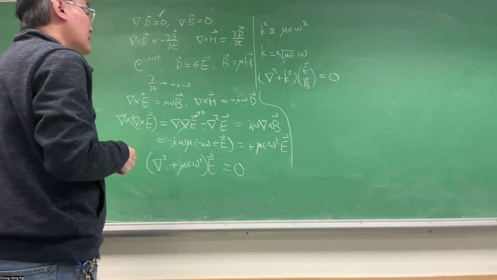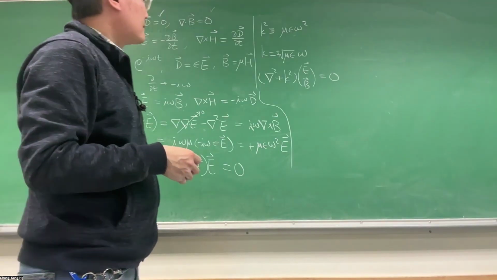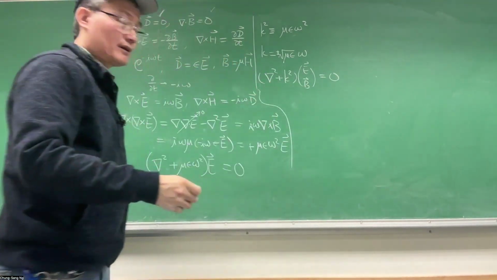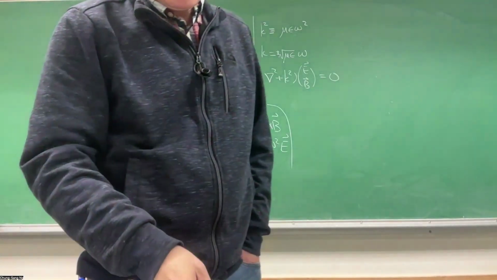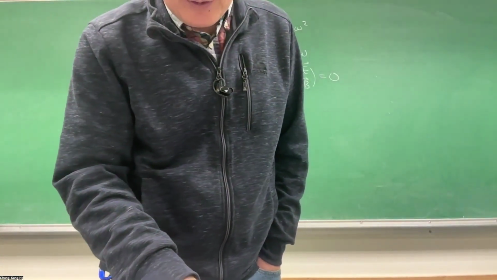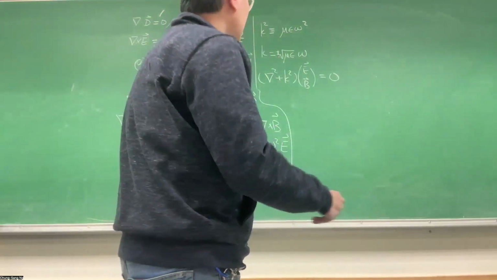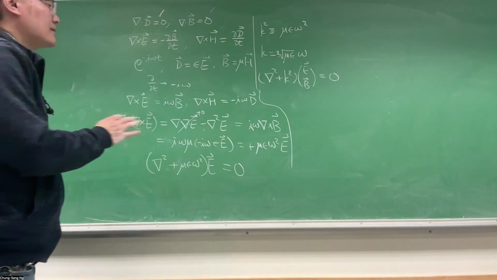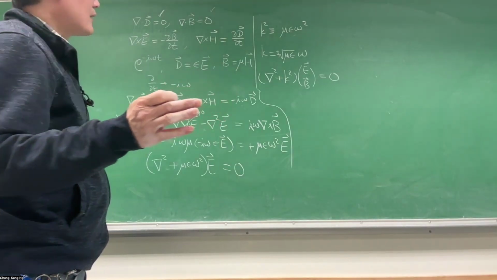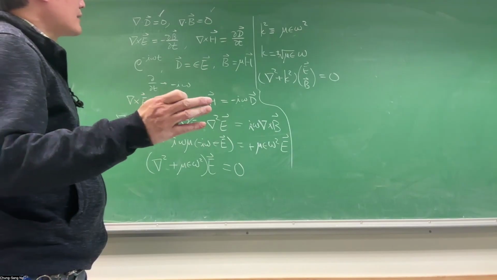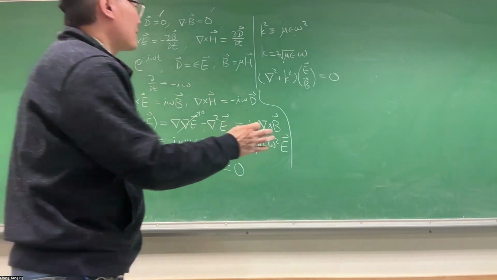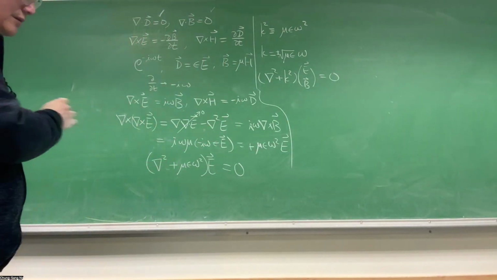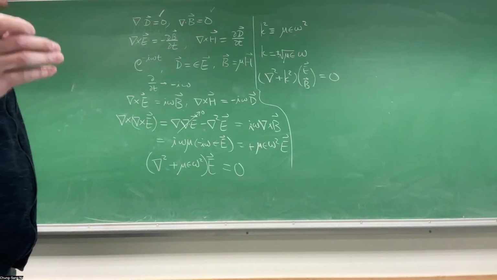Now, you can solve this. Obviously, there's a Laplacian, which makes the solution complicated, but the easiest one to do is assuming what we call the plane wave, which means you can transform to a coordinate such that this variable depends only on one spatial coordinate.